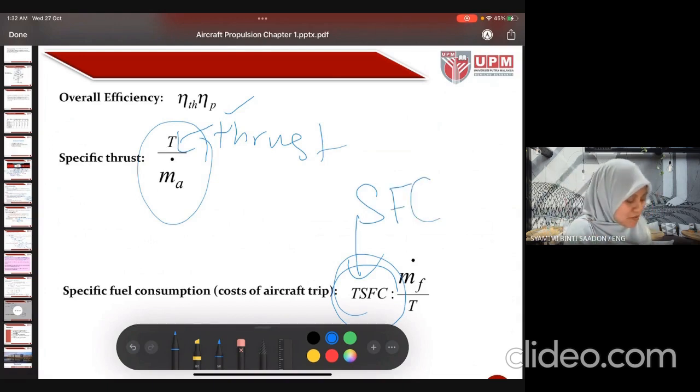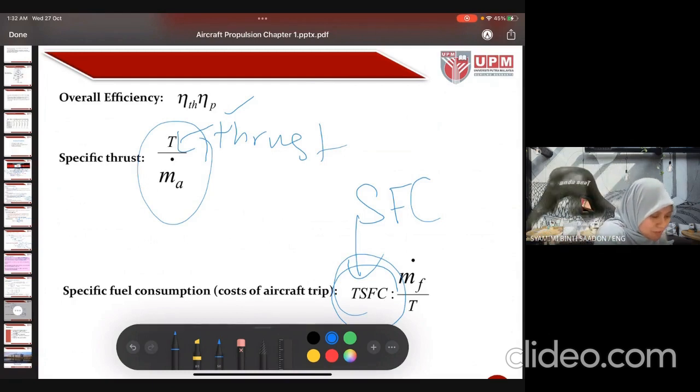Thrust specific fuel consumption measures how much fuel mass flow rate we need in order to produce 1 Newton of thrust force.